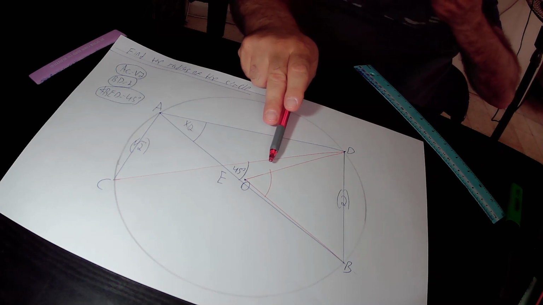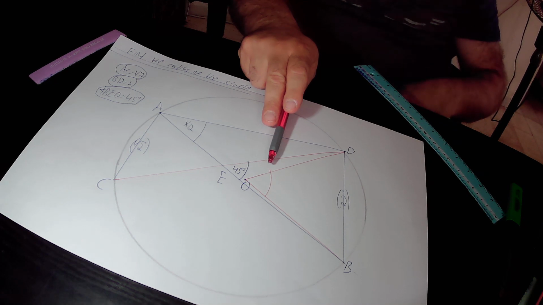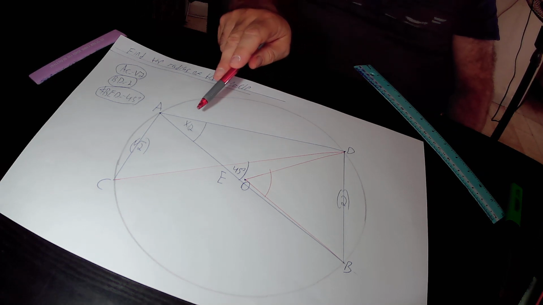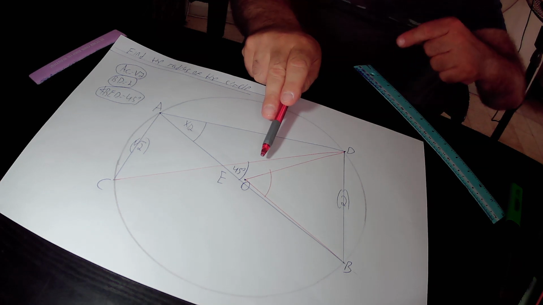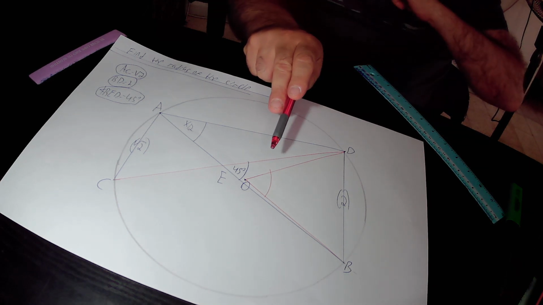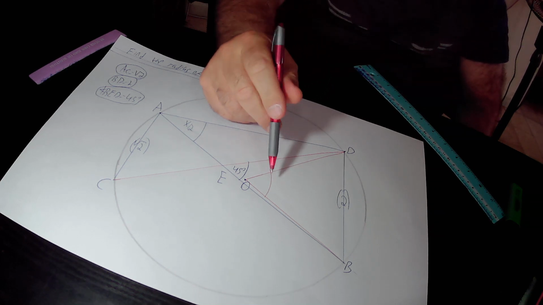And therefore, according to rule 13, the size of this central angle must be twice as large as the size of this peripheral angle BAD. And the size of peripheral angle BAD is x over 2. Therefore, the size of this central angle BOD that is subtended on the same chord called BD must be equal to x, according to rule 13, of course.